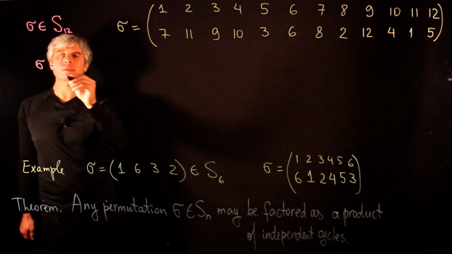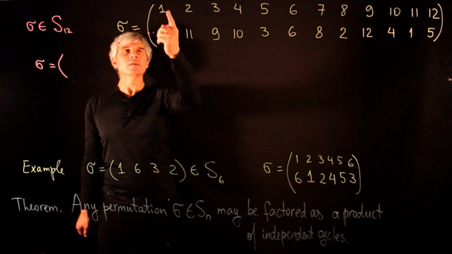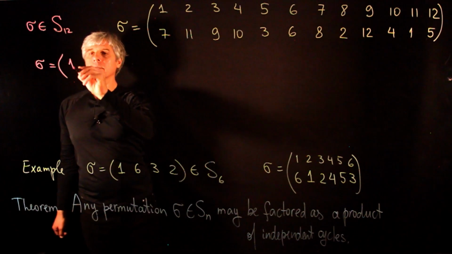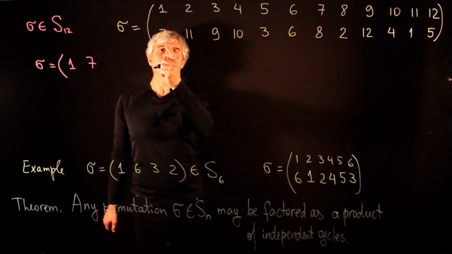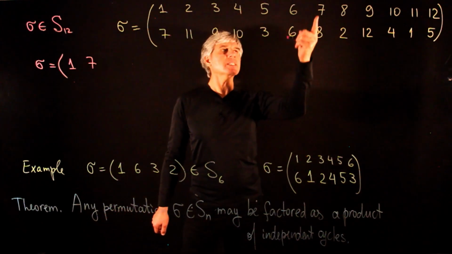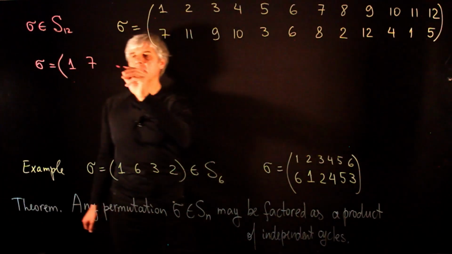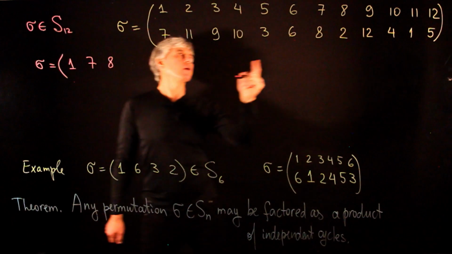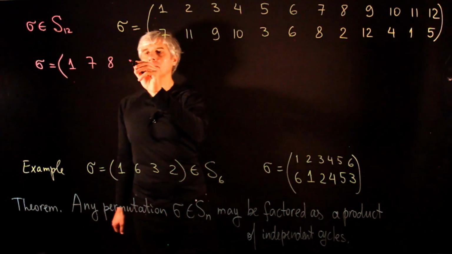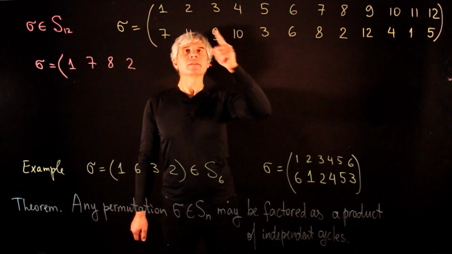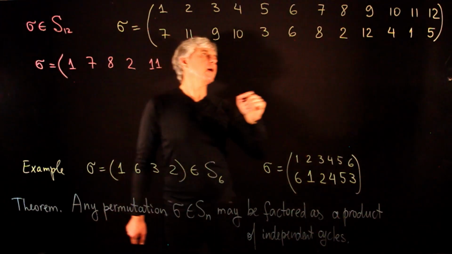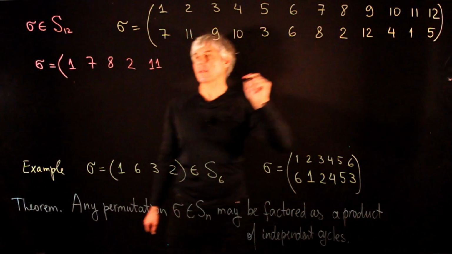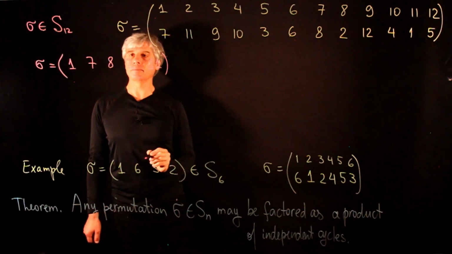So how do we do this? Well, we start with 1. So we see 1 goes to 7. Then we trace it and we try to see where 7 will go. 7 will go to 8. Then 8 will go to 2. And 2 will go to 11. And 11 goes to 1, thus completing this cycle.